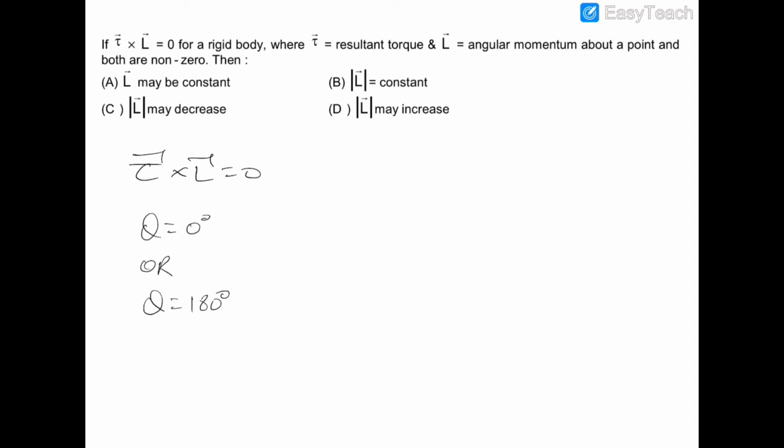So if this torque is acting in the direction of angular momentum and the angle between them is 0, then the angular momentum will increase, and if this angle is 180 degree, then torque and angular momentum are in opposite directions, so torque will decrease the angular momentum. So option D is also the correct one. Now let's move on to the next question.